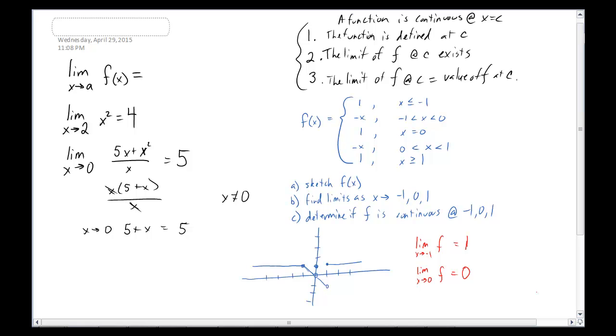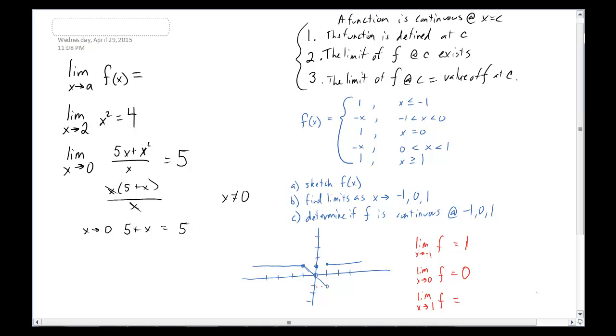All right? So then we're going to look at the last one. So the limit as x approaches 1 of f. Now note that as I approach 1 from this side, I'm getting closer and closer to -1. I'm getting more and more negative. Now as I approach 1 from the right, I'm at +1, +1, +1, +1.